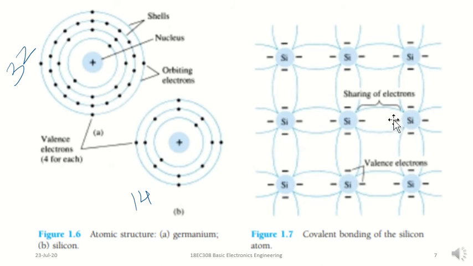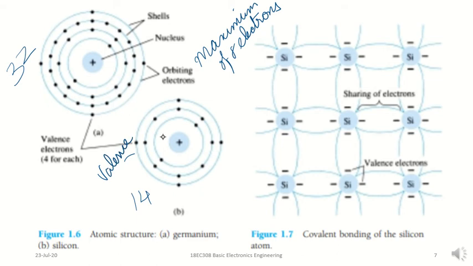Similarly, this silicon will have 4 electrons in the outermost shell, so all the silicon atoms will have 4 electrons in the outermost shell. And we know from Bohr's model, the outermost shell can have a maximum of 8 electrons. This shell is called the valence shell.